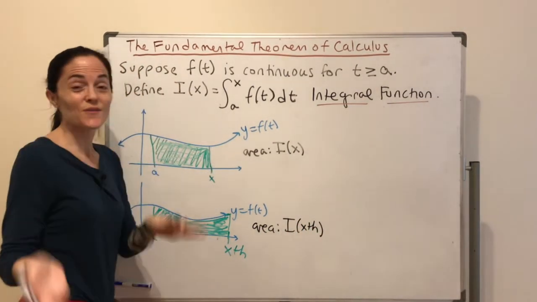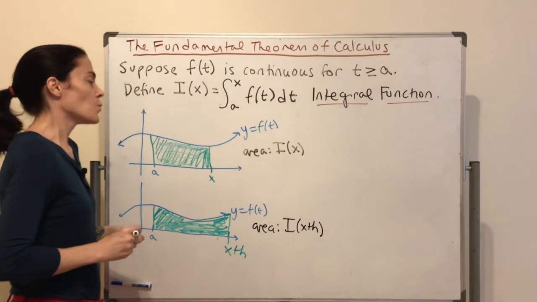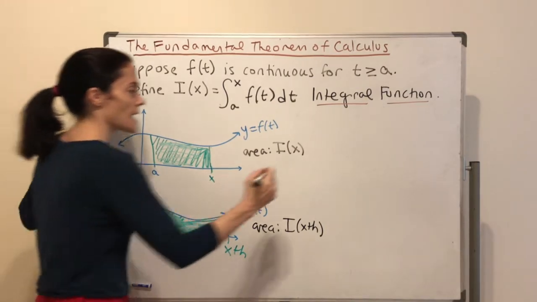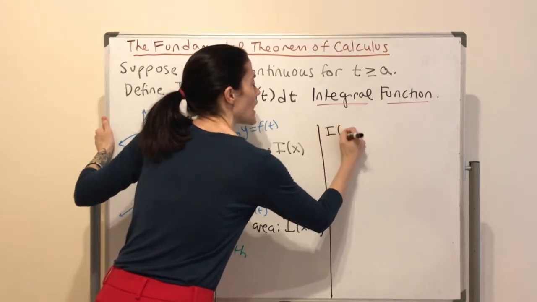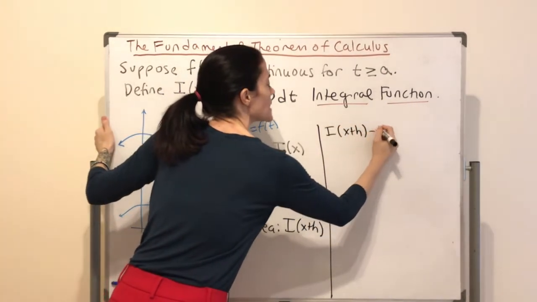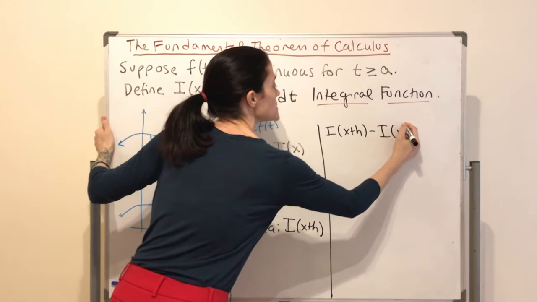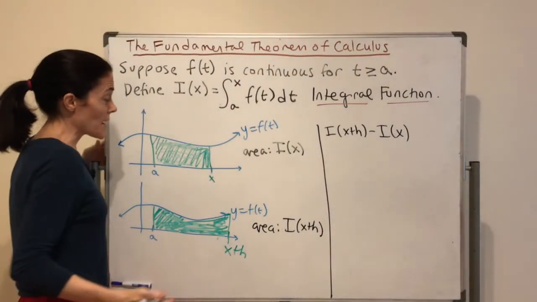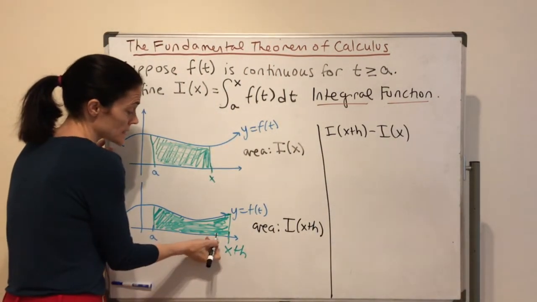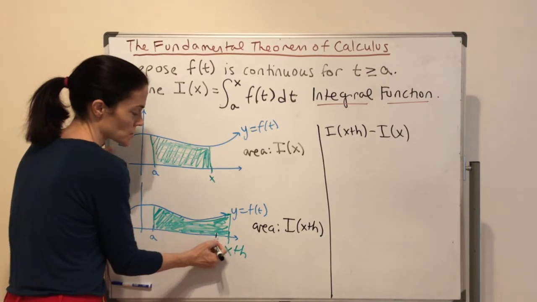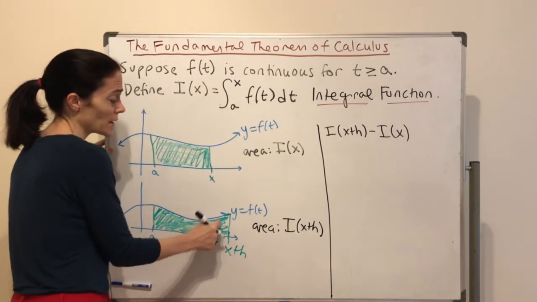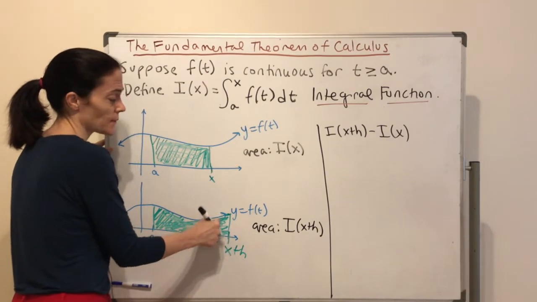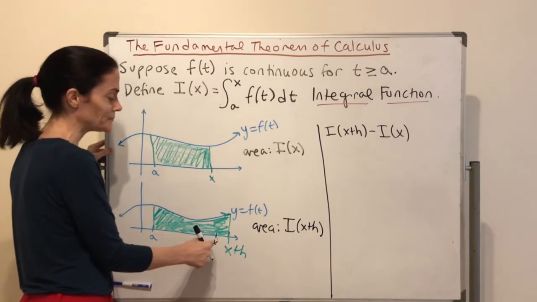Okay, so far so good. Well, what happens when we take I of x plus h minus I of x? Well, if we think about this graphically, translating from this picture, maybe x, right? And then, well, we know it's the area just of this little strip.